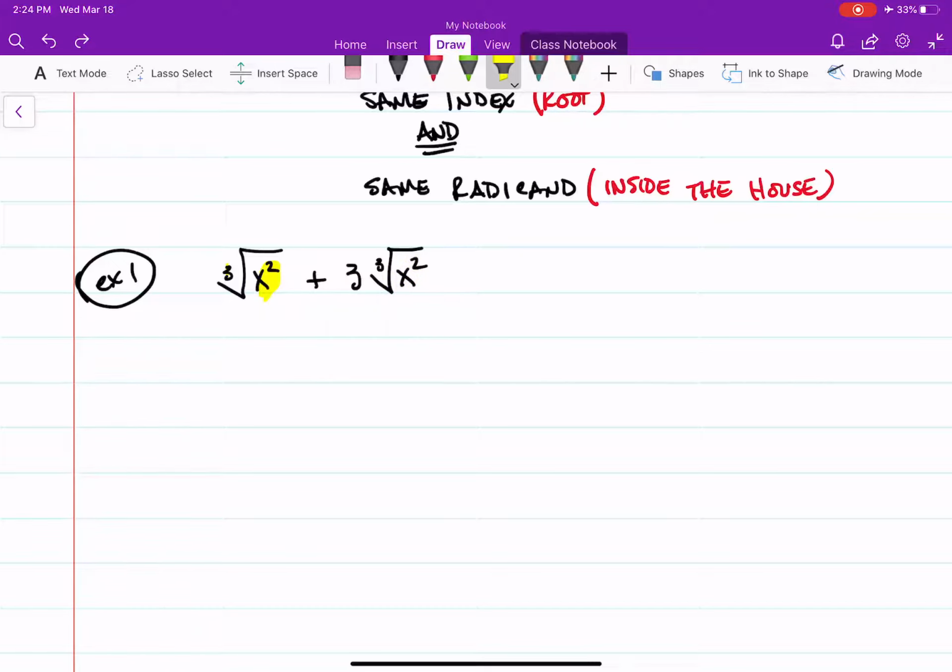Since they're both the same, I know that I have like radicals. And we already know that just like if it was an x, there is an imaginary 1 in front of this radical. So therefore I have a 4 cube root of x squared. So again, it's very much like polynomials. We keep that radical with the same index and the same radicand, and then add or subtract the coefficient.